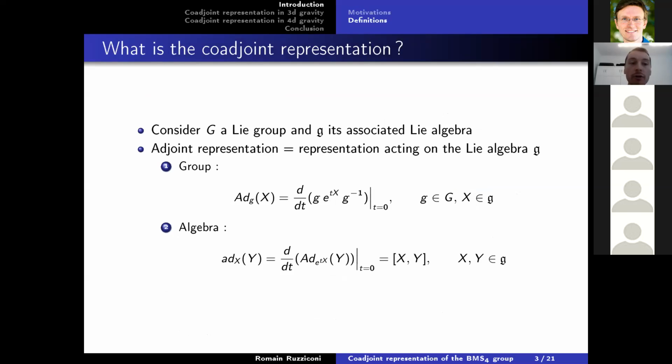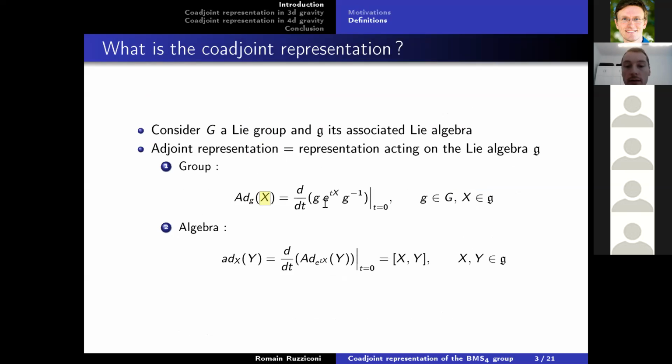So let me briefly define what the adjoint representation is. Here I will start with a Lie group, G, and its associated Lie algebra. The adjoint representation is a representation that is acting on the Lie algebra. For the group, it is defined as follows. You have an element g in the group G, and it is acting on an element X in the Lie algebra in the following way.